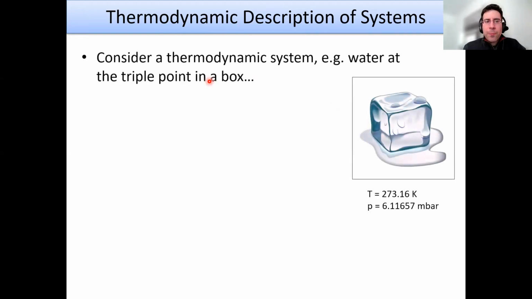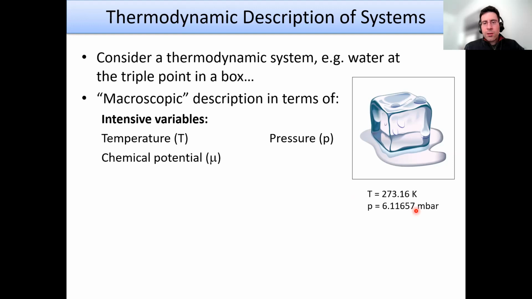Okay, so if we consider a thermodynamic system like this ice cube, which is not just an ice cube in a box, it's ice cube in equilibrium with liquid water in equilibrium with water vapor, right? So I'm looking at this at the triple point. The conditions are shown here.